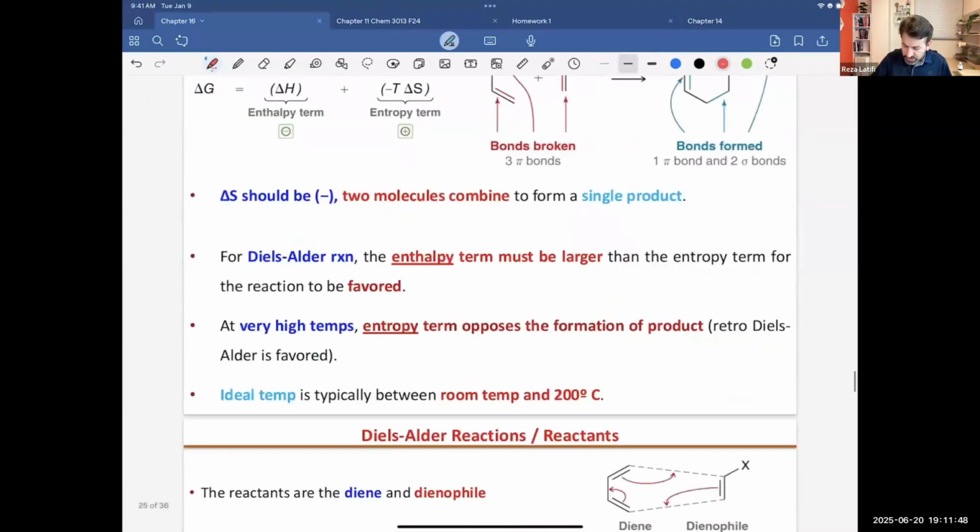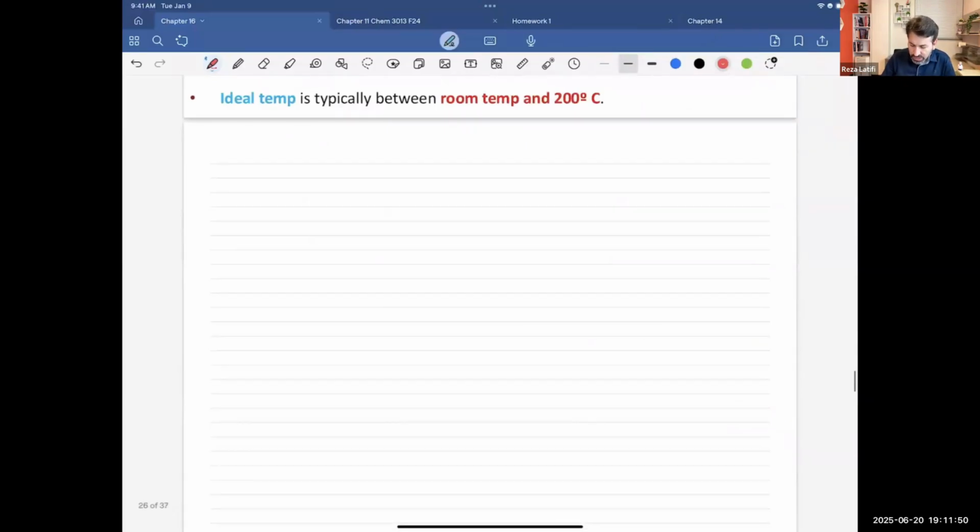Okay, let's review this with an example. Let's draw a diene molecule. Next, I'm going to add it to one alkene molecule, with a substituent attached to it. It doesn't matter. Right now we have 4 p orbitals here and 2 p orbitals.